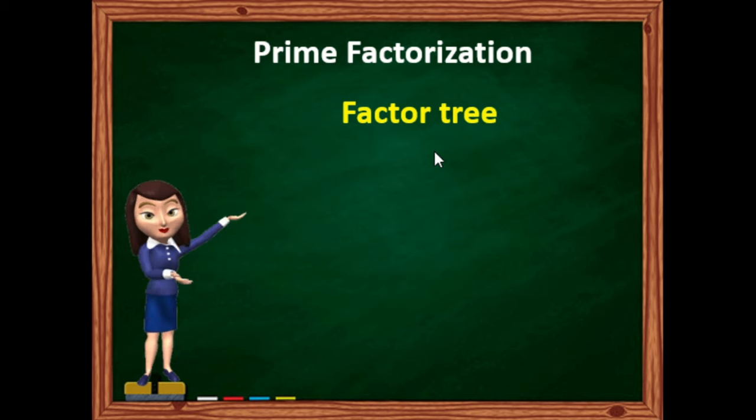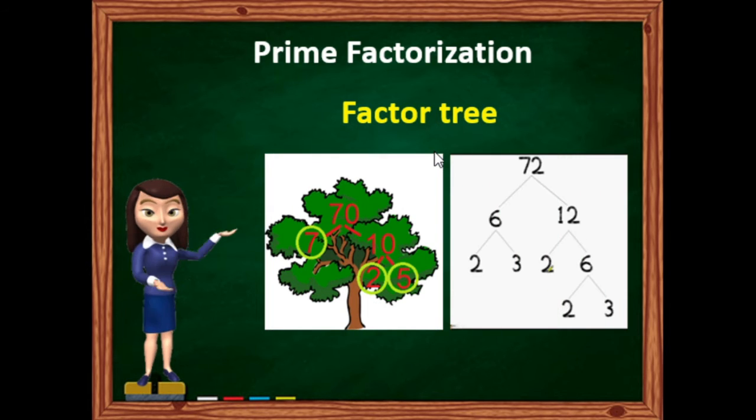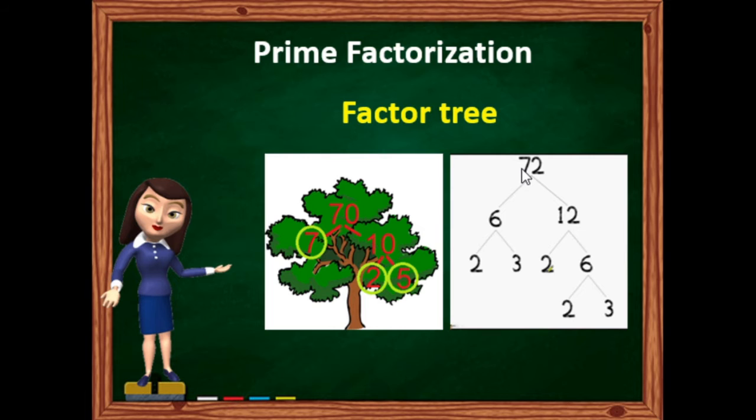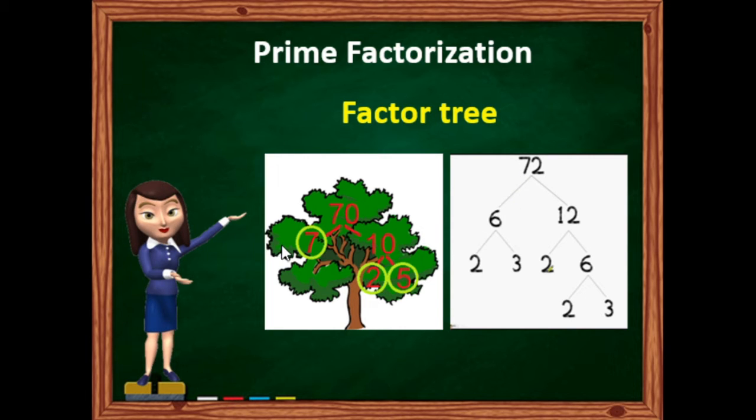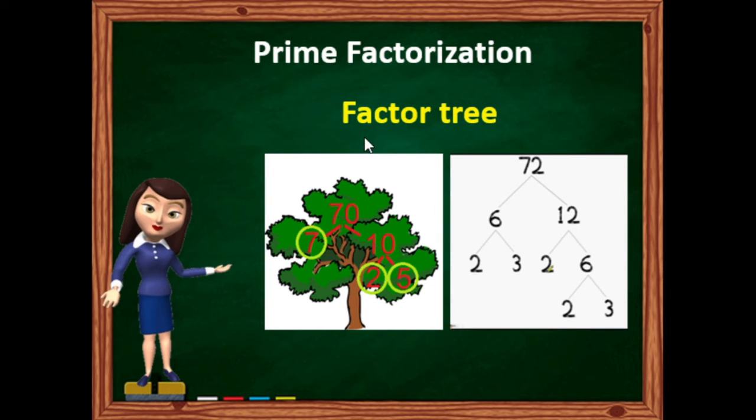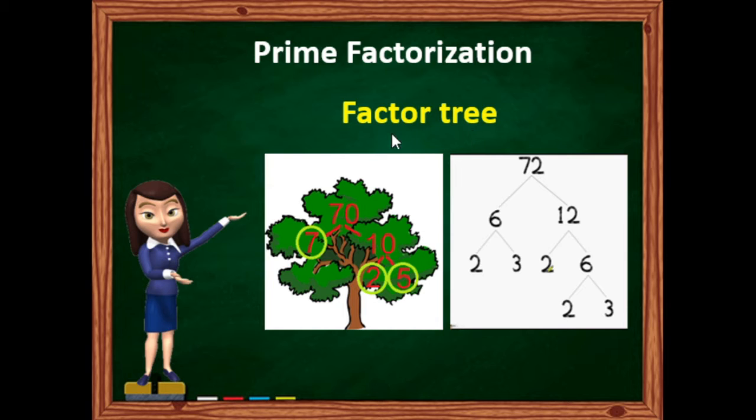Good job. This is an example of how a factor tree method looks like. From the main number, it branches out into even smaller numbers. This is factor tree. Good job. Well done.